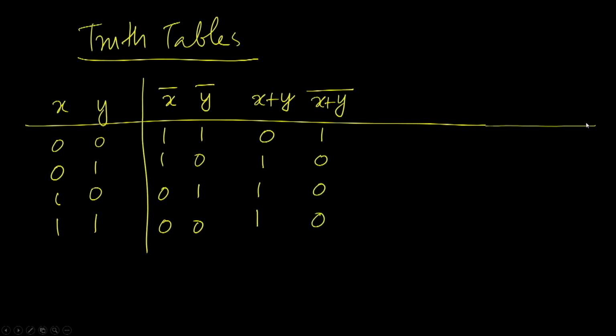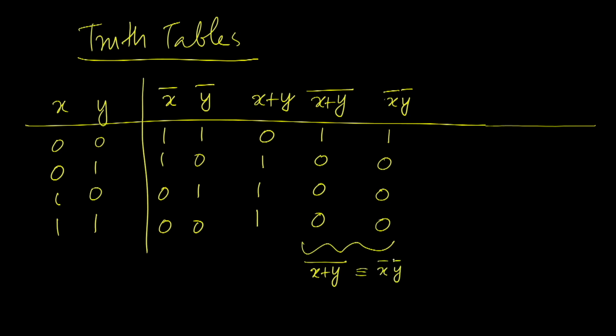Now, De Morgan's law says that this is the same as the AND of x bar and y bar. 1 and 1 is 1, 1 and 0 is 0, 1 and 0 is 0, and 0 and 0 is 0. So, you find that these two columns correspond exactly to each other. Therefore, we have x or y the whole bar is equivalent to x bar y bar.